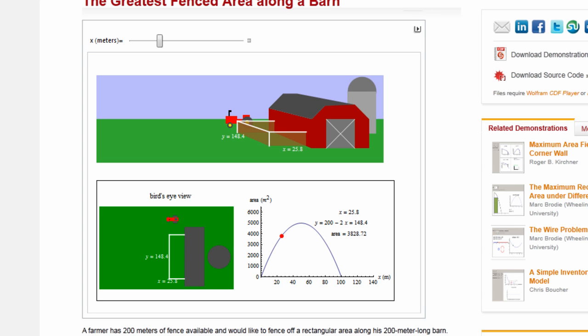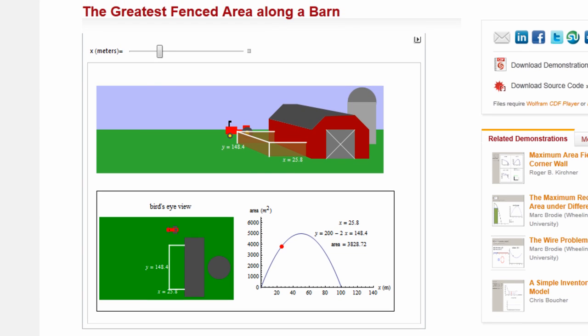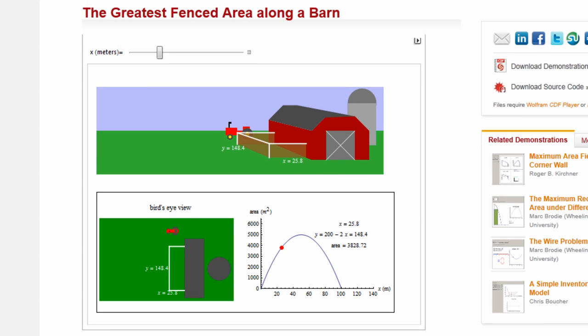Now to illustrate the idea of a problem I'm about to do, it's a very common maximization problem that occurs usually in most math textbooks, where you have a fence built up against a barn or a river or something like that. In this case, you can see a top-down view right here of a fence being built up against a barn, and a side view as well.